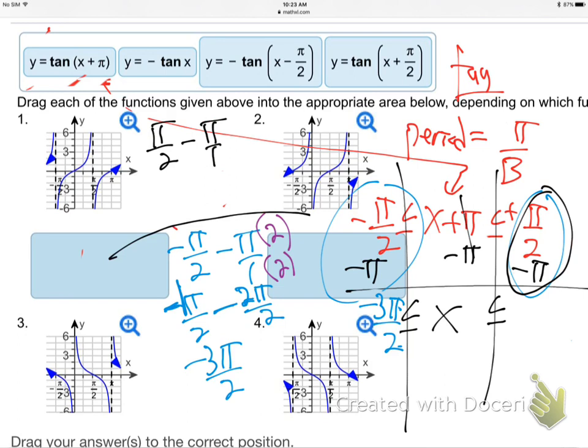Put this over 1. Common denominator. Top and bottom by 2. We get pi over 2 minus 2 pi over 2. And that's what? 1 pi over 2 minus 2 pi over 2 is minus 1 pi over 2.